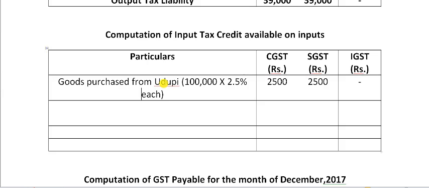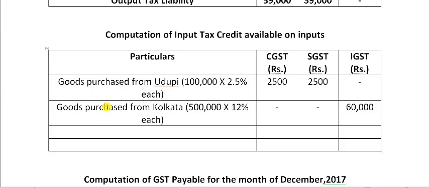Both the supplier and the recipient are in Karnataka, so intra-state sale, CGST and SGST will be applicable. 5% is the rate of GST. We will divide it equally, so 2.5% each. 1 lakh into 2.5% is 2,500 and 2,500. IGST, there will be no IGST.